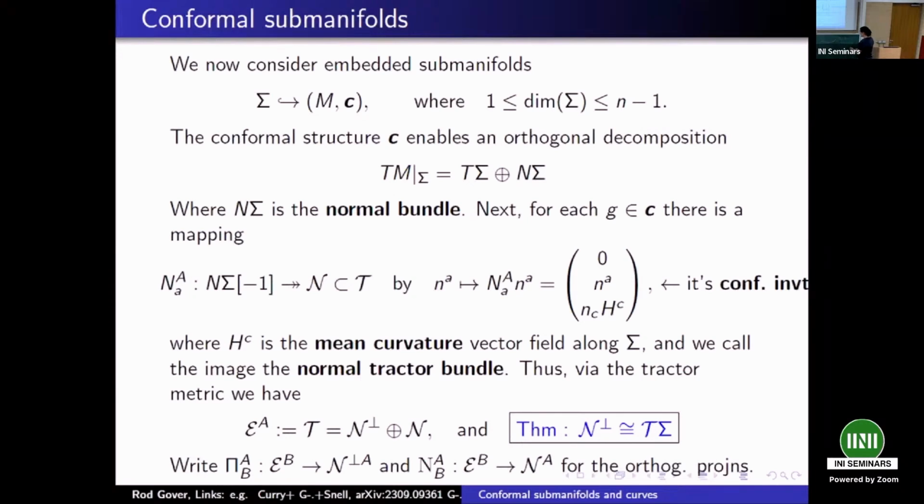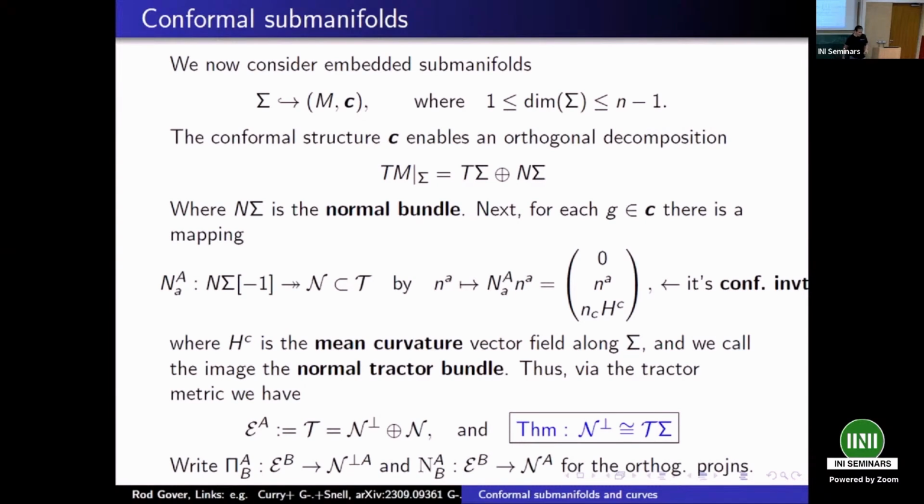So it turns out that the ambient tractor bundle along the submanifold decomposes, that's rain by the way, orthogonally into this normal tractor bundle and the intrinsic tractor bundle of the submanifold. So I'll write pi for the projection from the ambient tractor bundle onto this tangent tractor bundle, if you like, and this N will be the projection onto the normal tractor bundle.